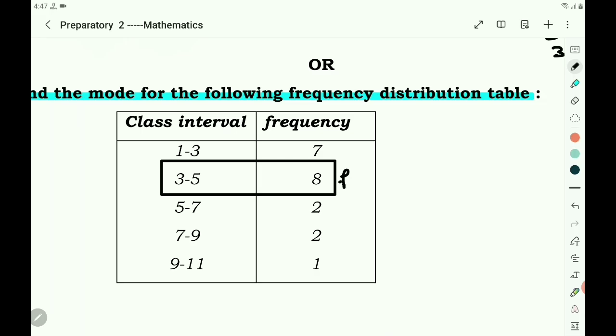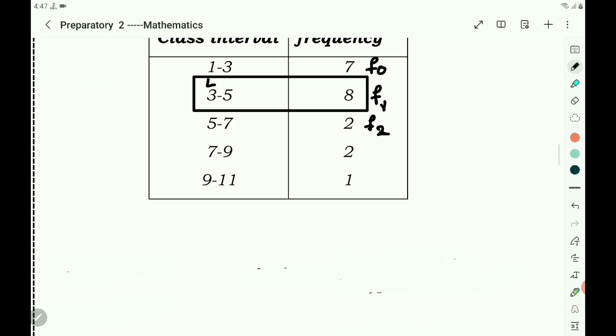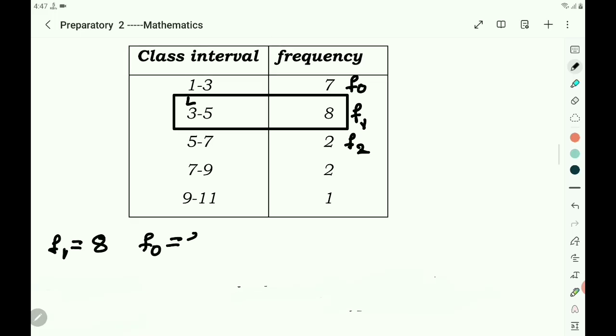The highest frequency is F1. Its previous frequency is F0 and its next frequency is F2, and L is 3. Then you write F1 equals the highest frequency 8, F0 equals the previous frequency, that is 7, F2 is the next frequency 2.